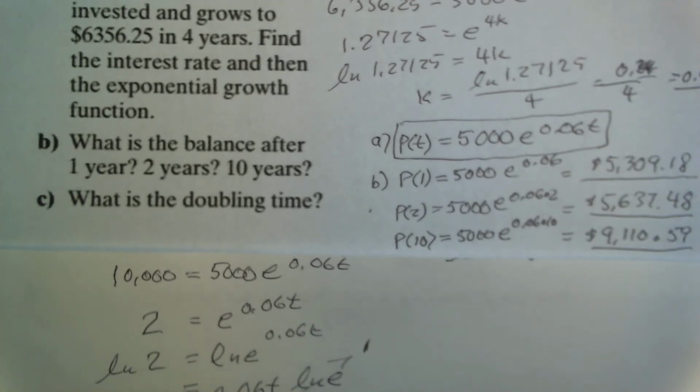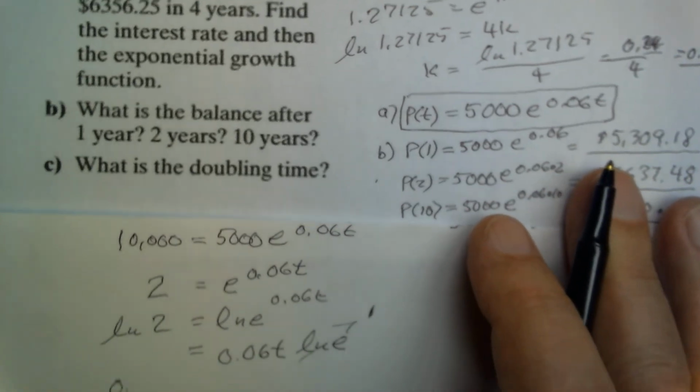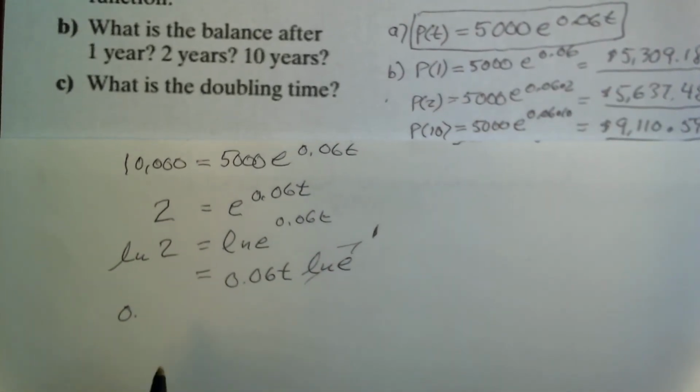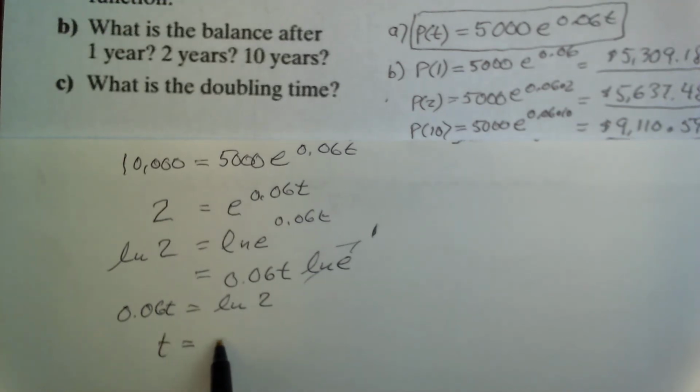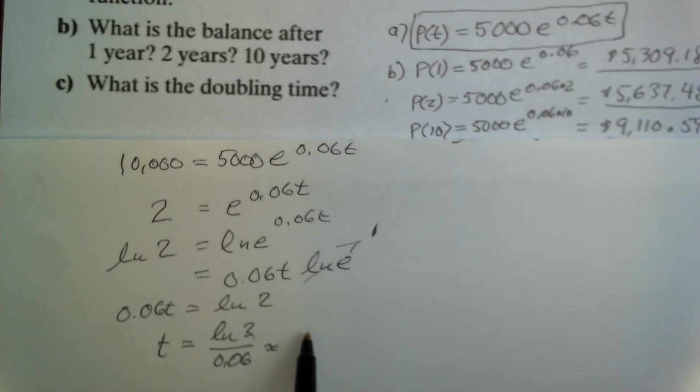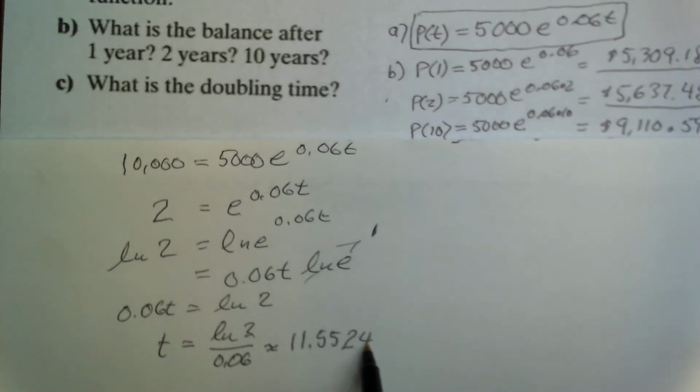So then we have 0.06t equals the ln of 2, or t equals the natural log of 2 divided by 0.06, and that's approximately equal to 11.55.